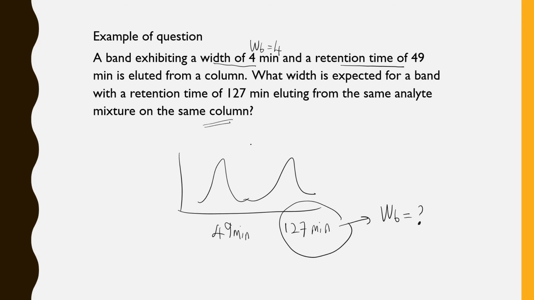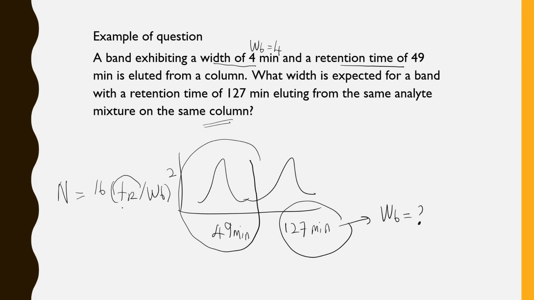So what you have to do first, you have to calculate N for this one. Okay, so N is equal to 16 TR over WB and then to the power of 2. Okay, you already have the information of TR, which is 49 minutes. What is WB? WB is 4. Okay, and then the value of N will be obtained.